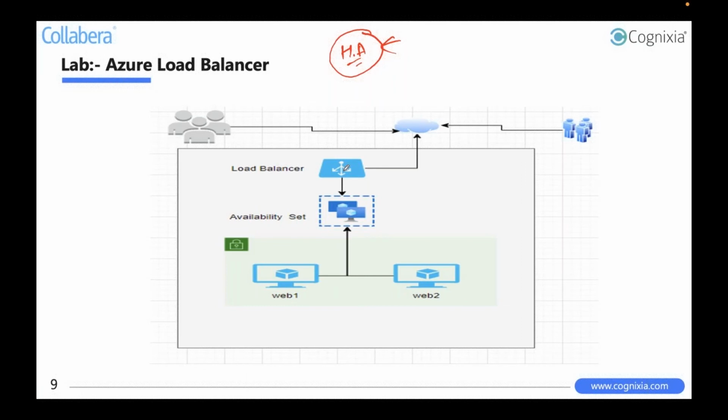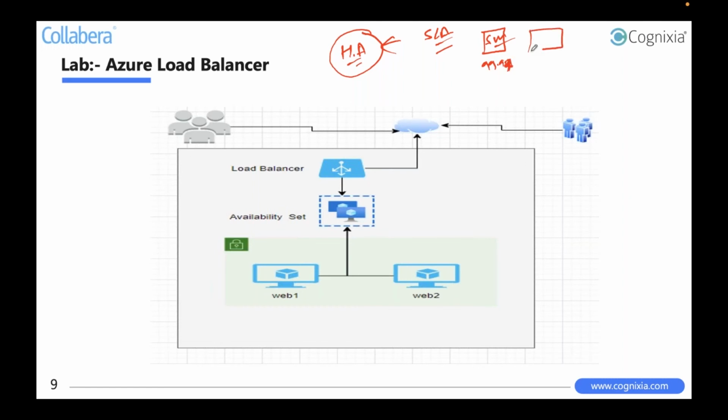Now Azure has an SLA, a service level agreement, with customers and end users who are using Azure services. If I deploy a single virtual machine, I will get an SLA of 99.9%, three nines, for a single virtual machine.